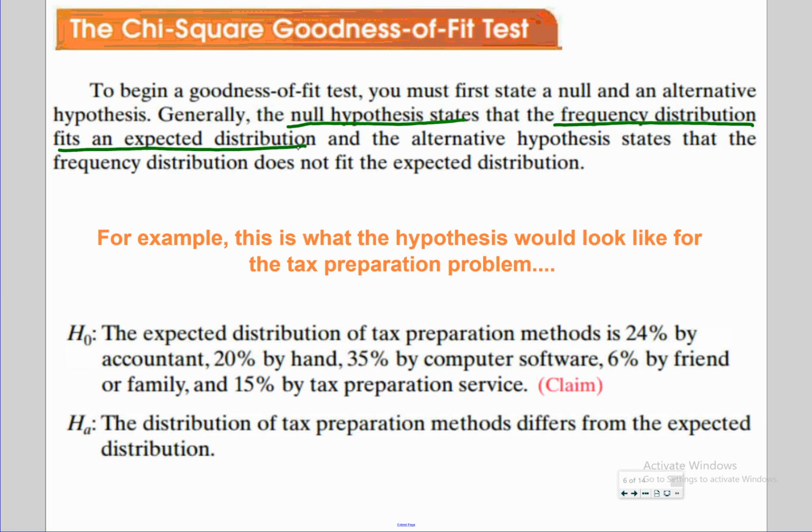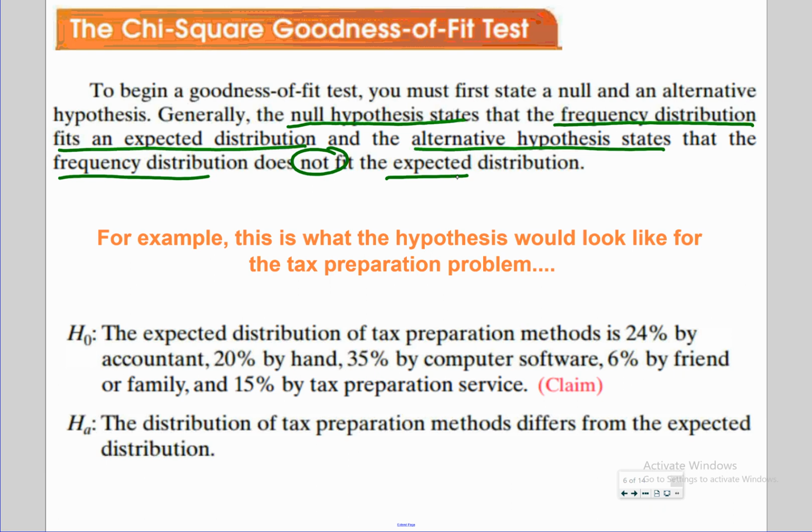So it might say the frequency distribution is uniform, or the frequency distribution is 25% in the first category and 75% in the second category, or the frequency distribution is normally distributed, whatever they want us to test for. And the alternative hypothesis states that the frequency distribution is not matching the expected distribution.